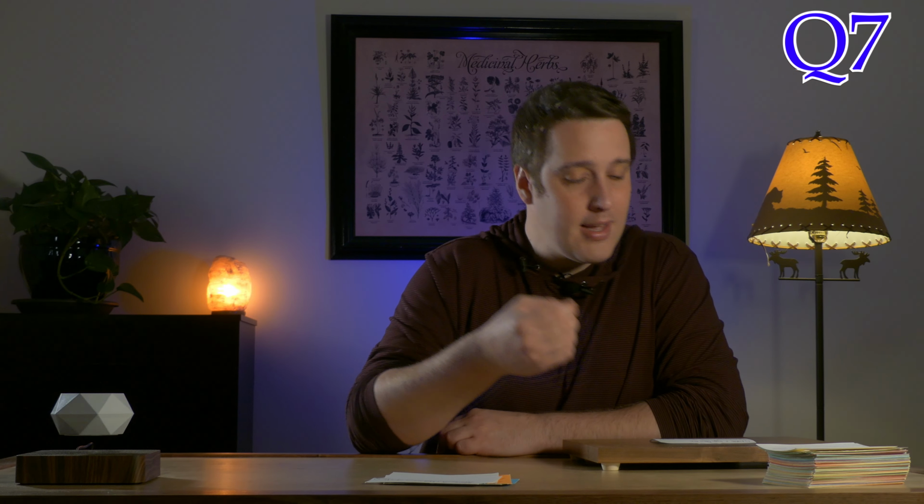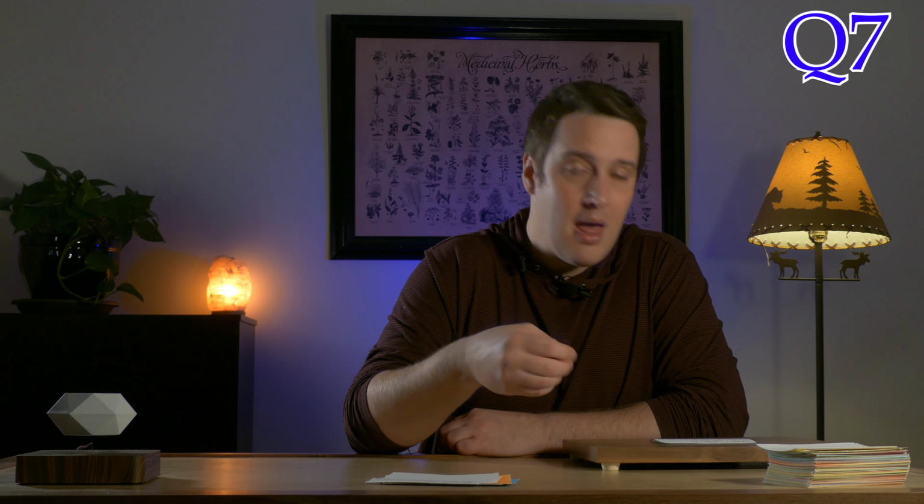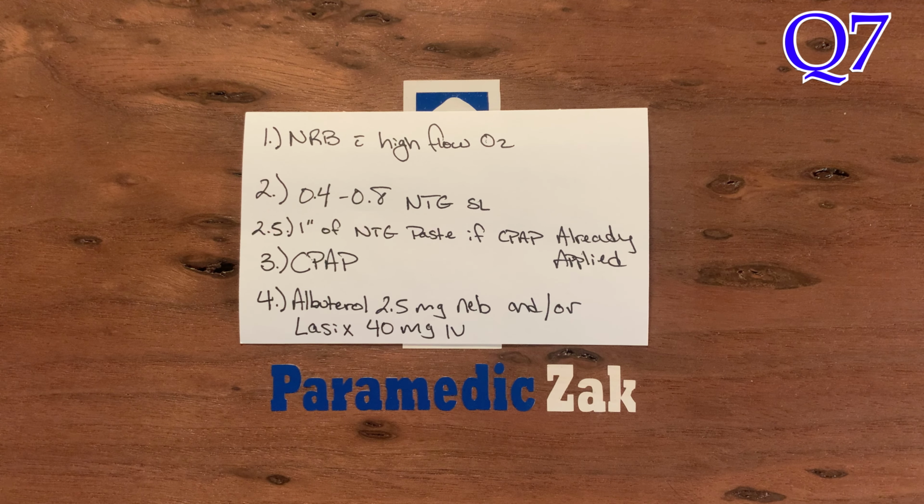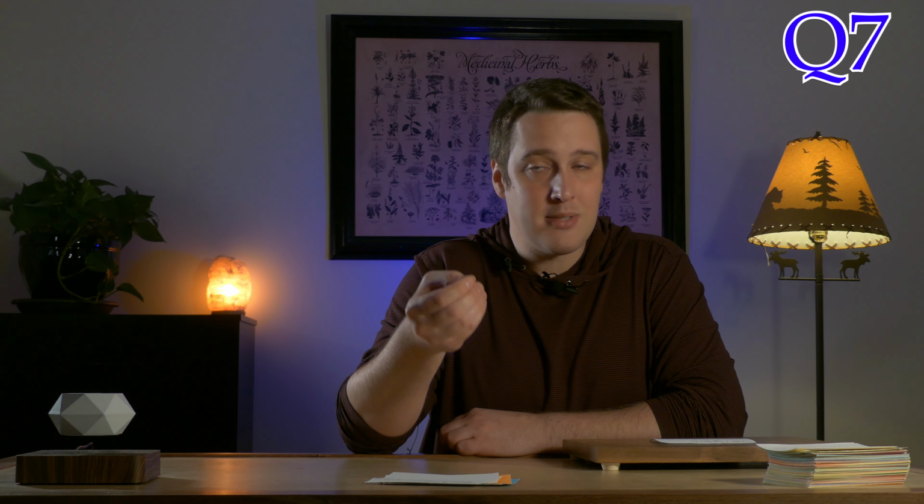Now I have added a 2.5 to this flashcard because alternatively you can give 1 inch of nitroglycerin paste if your CPAP has already been applied and you don't want to break that seal to give sublingual nitroglycerin. Now thirdly, if you haven't done so already, you're going to administer your CPAP. And number 4 is going to depend heavily on the systems that you work in.